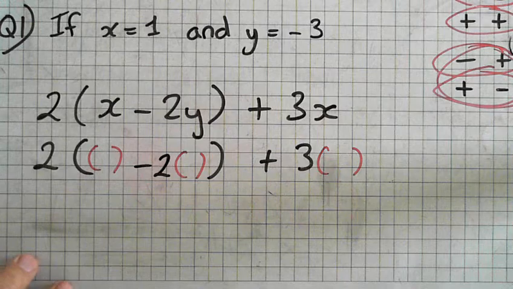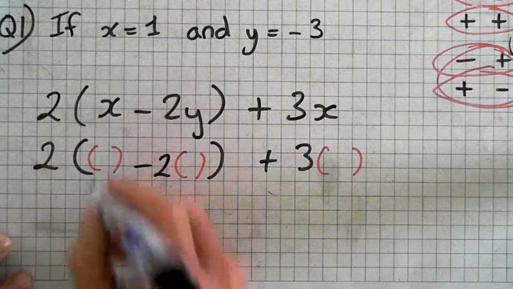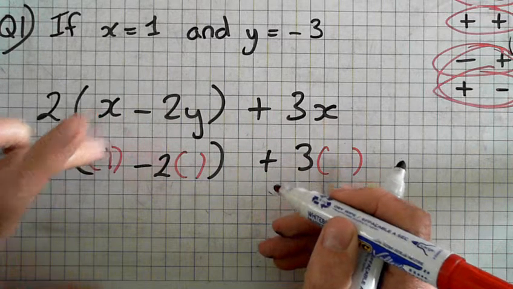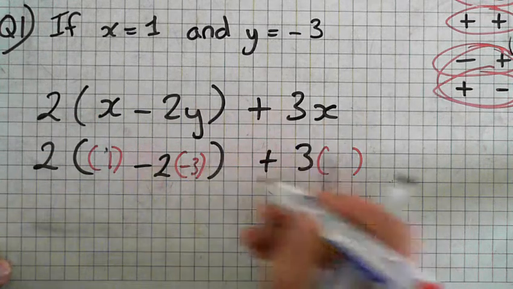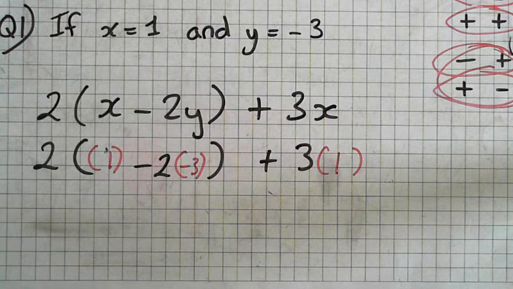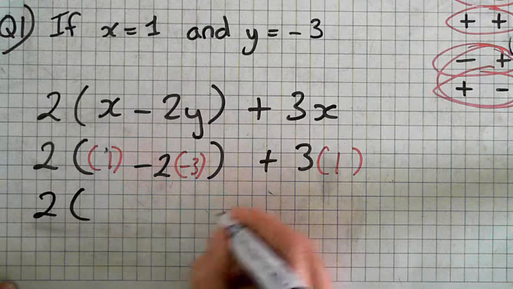Right, so put in your brackets, write it out first like that. X is 1, isn't it? Y is minus 3. And here x is 1. And use your calculator. Type that in as you see it and you should get the correct answer. I'd advise you to do that if you're not good at sorting things out.